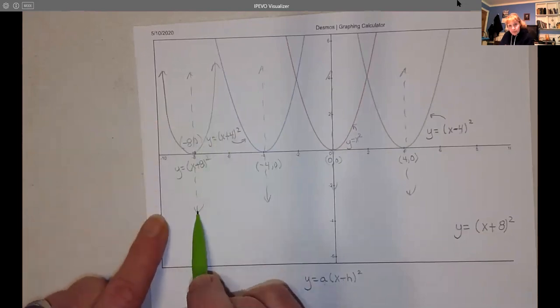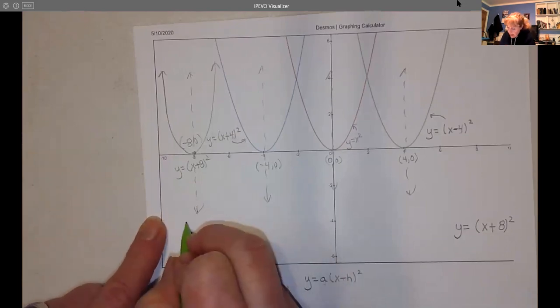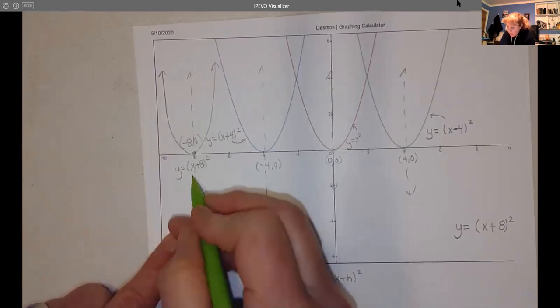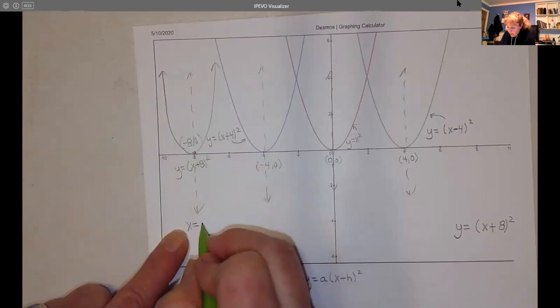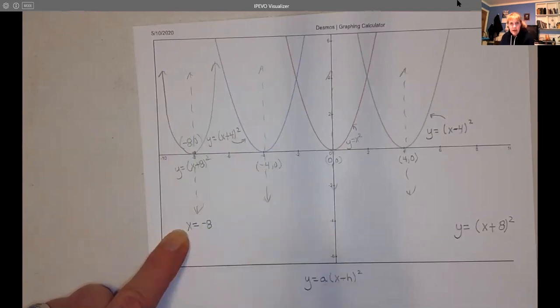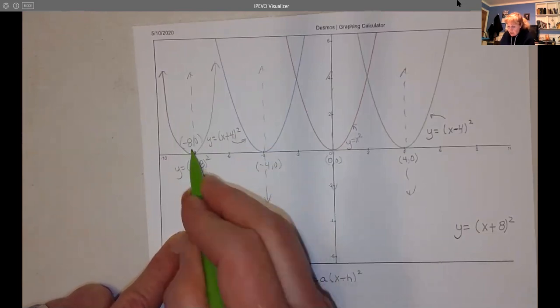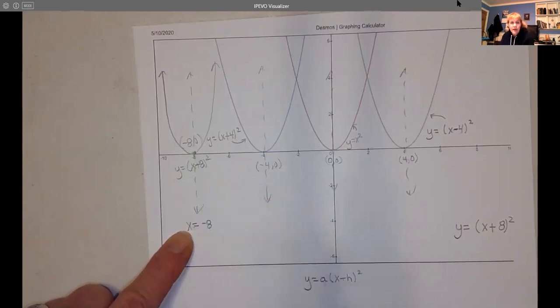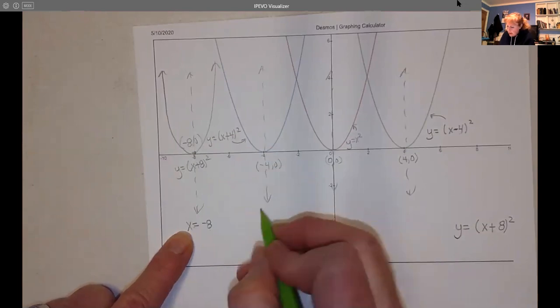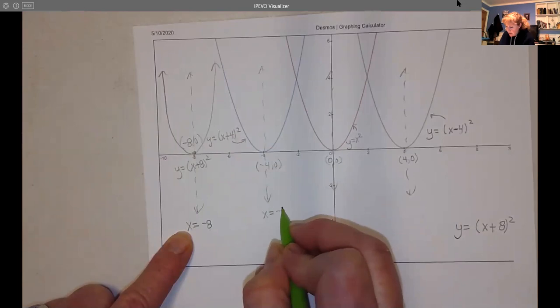What's the equation of this vertical line? x equals, all of these run through the -8 on the x-axis. So x equals -8. Just look at your vertex and that'll tell you what all the x's need to be.